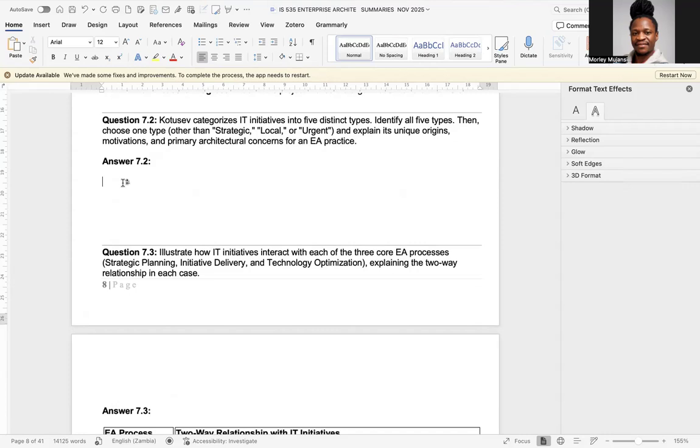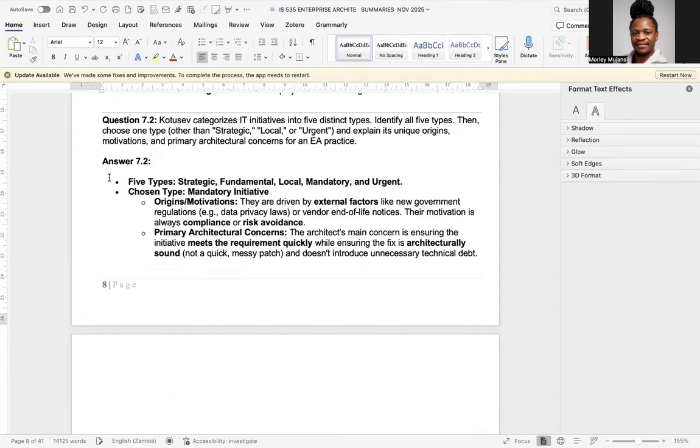So the question was basically asking us to identify 5 types of IT initiatives. So we were given 3 of them: strategic, local, and urgent. Then the other ones that we wanted to add were the mandatory initiative and the fundamental initiative. Those are the ones that you should remember.